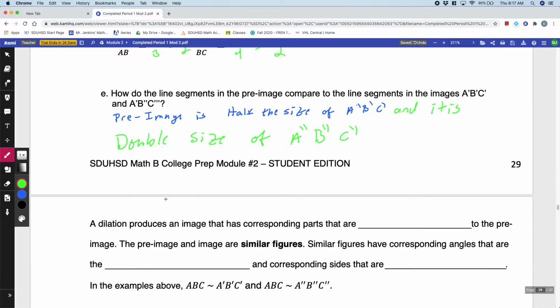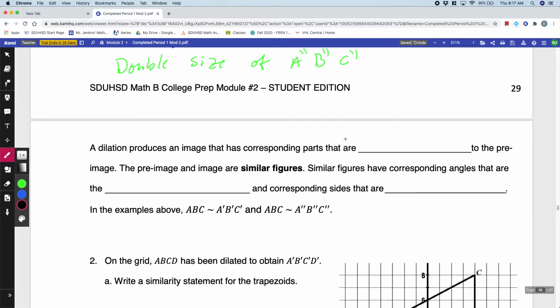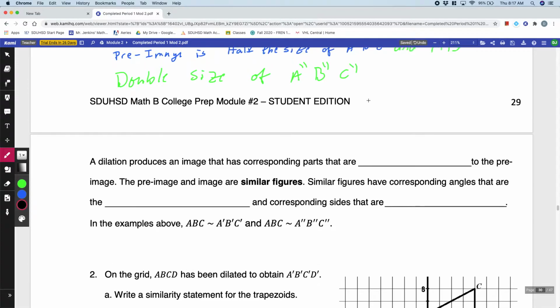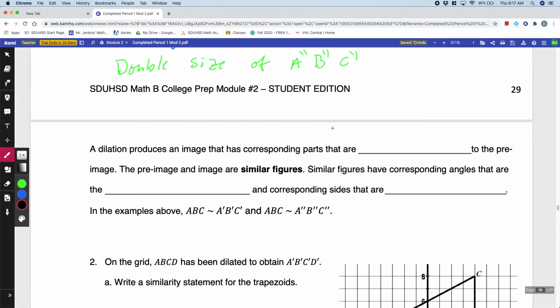So a dilation produces an image that has the corresponding parts that are proportional to the pre-image. The pre-image and the image are similar figures.